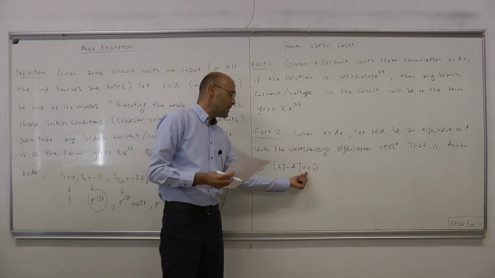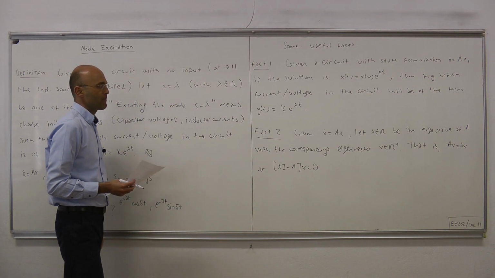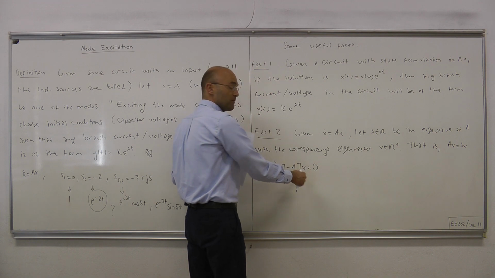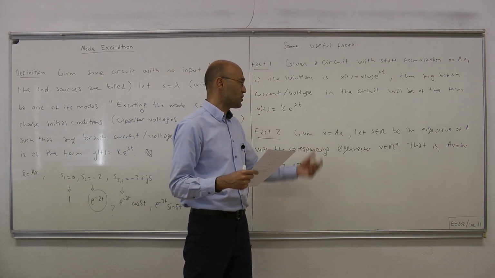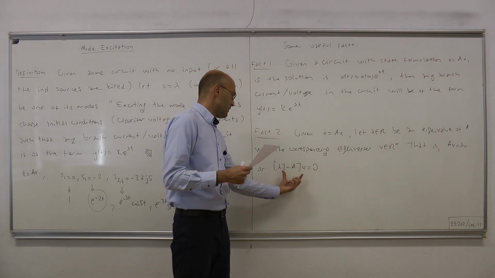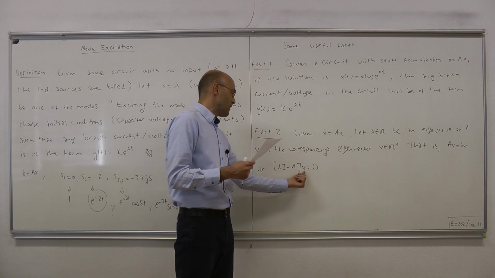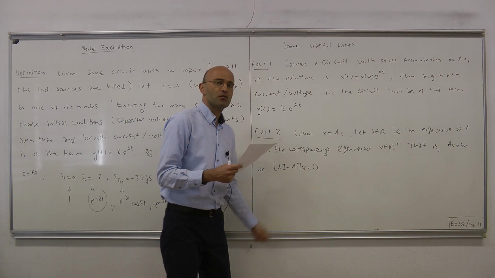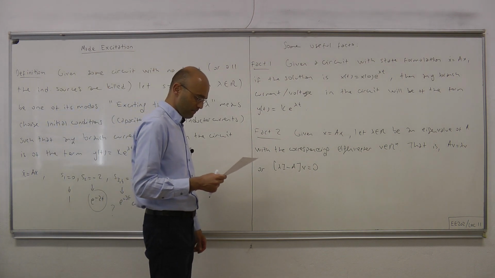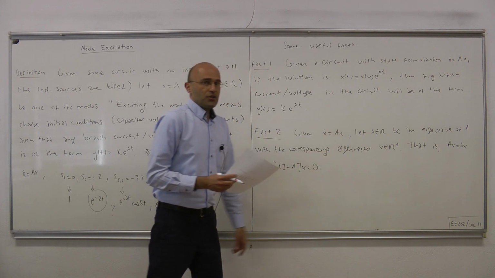That is, V, the eigenvector, belongs to the null space of the matrix lambda I minus A. Then we say V, because by definition an eigenvector must be non-zero, if V, a non-zero vector, lies in the null space of this matrix, then we say this is an eigenvector corresponding to the eigenvalue lambda.